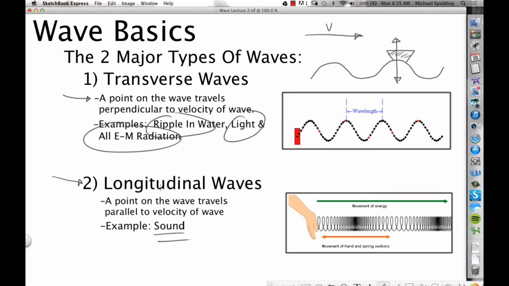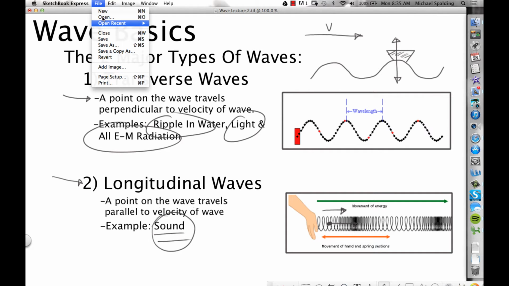There'd be a wave pulse that shot down the slinky, right? So the velocity of the wave is down the slinky. If you look at a point on the wave, which way is a point on the wave moving? Parallel. Does that make sense? So longitudinal waves, a point on the wave travels parallel to the velocity of the wave. The best example is sound. Sound is not transverse, it's longitudinal. Okay.